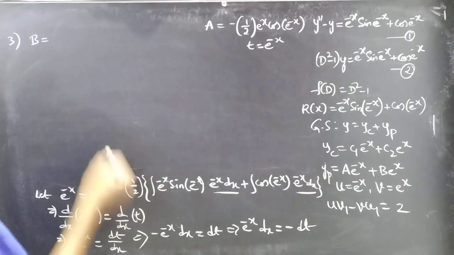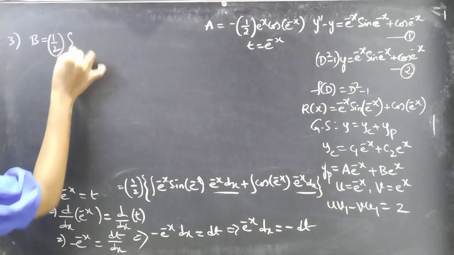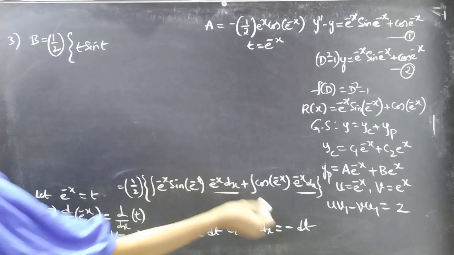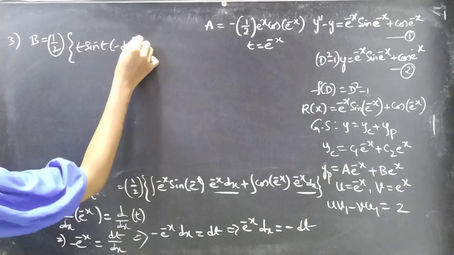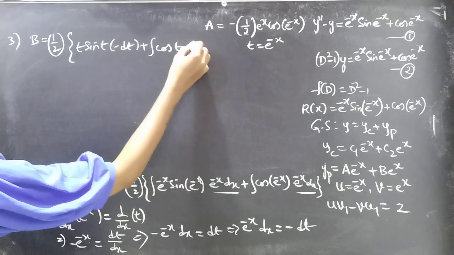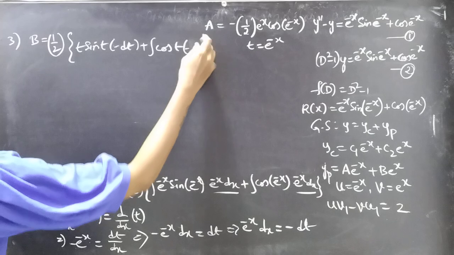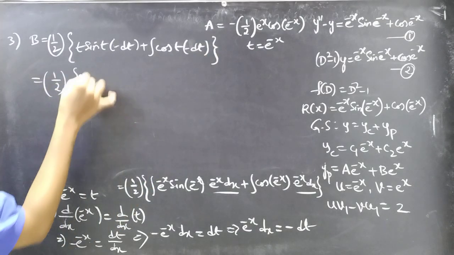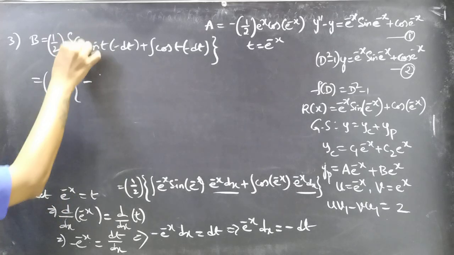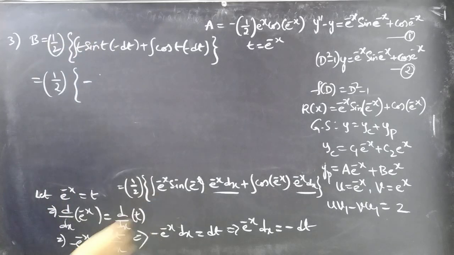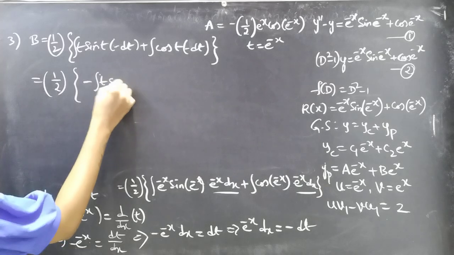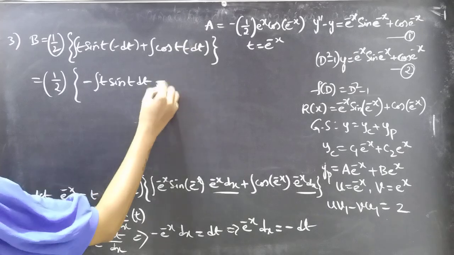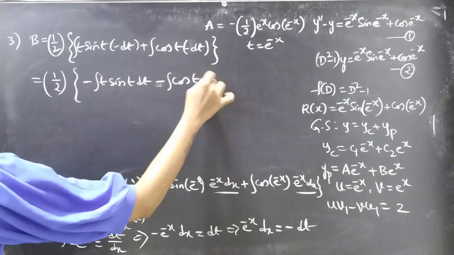This gives us B equal to 1 by 2 into t sine t, with e power minus x dx replaced by minus dt, plus the integral of cos t into minus dt, right? This is equal to 1 by 2 into the minus integral t sine t dt minus the integral cos t dt.